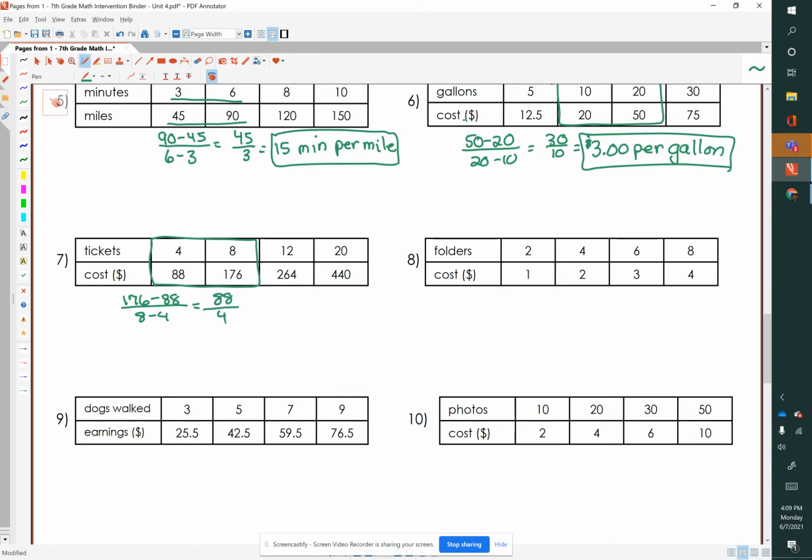And 8 minus 4 is 4. And 88 divided by 4 is 22. So that would be $22 per ticket.